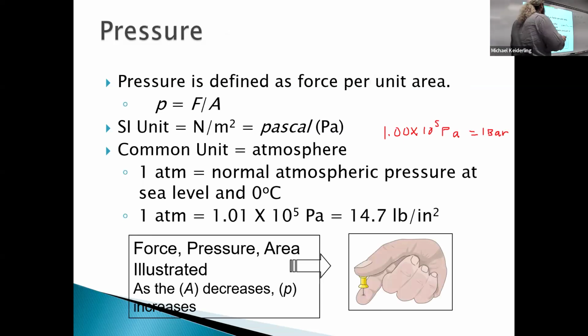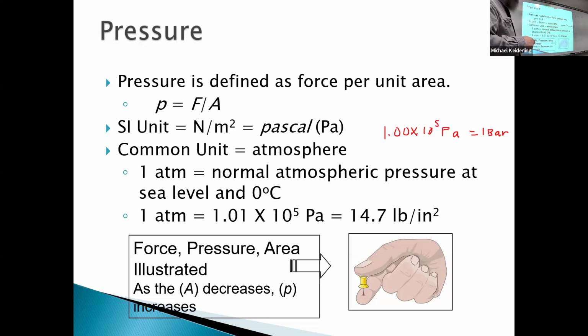So pressure is defined as force per unit area. The SI unit is a Newton per square meter. It's a Pascal. It is very small because a square meter is big and a Newton is not very big. A more commonly used unit of pressure that is based off the SI system is the bar, which is based off the old CGS system.